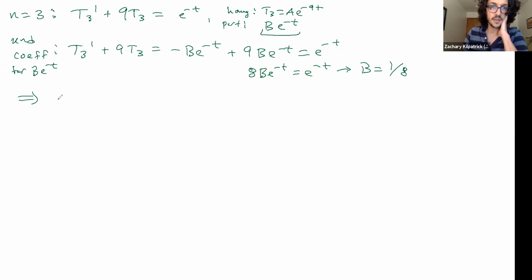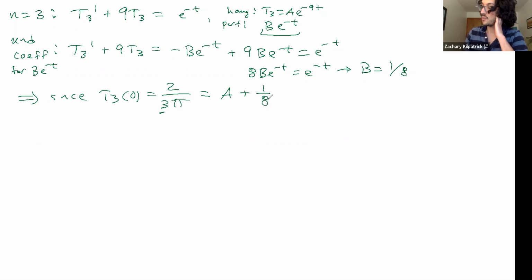So since T3 of 0 is equal to 2 over 3 pi, remember that's just our initial condition for everything. This is our n in this case. Then we have this is equal to a plus 1/8, right?